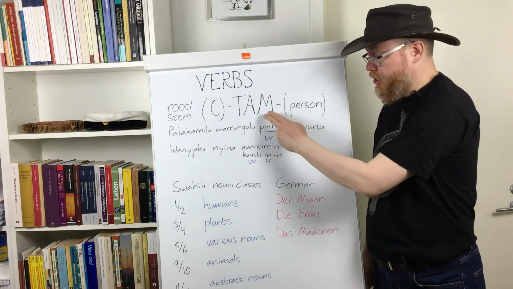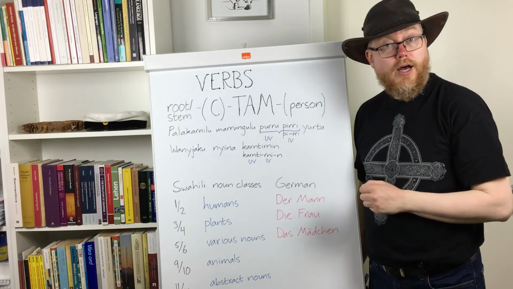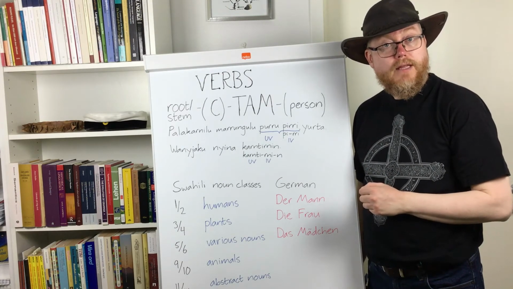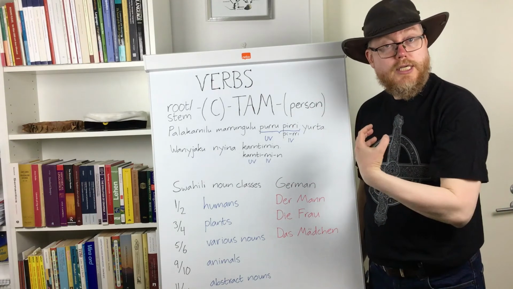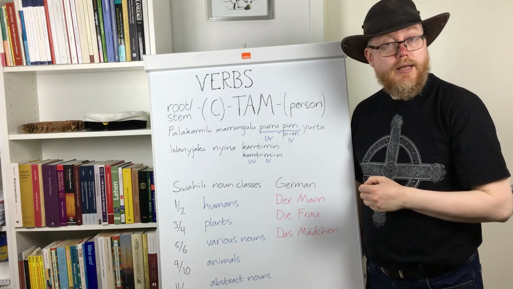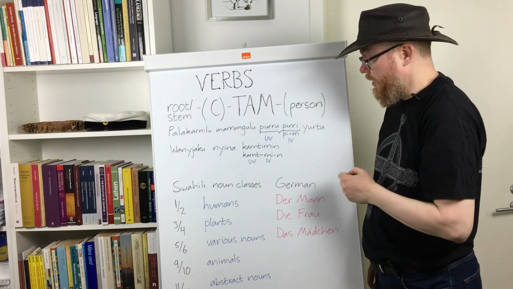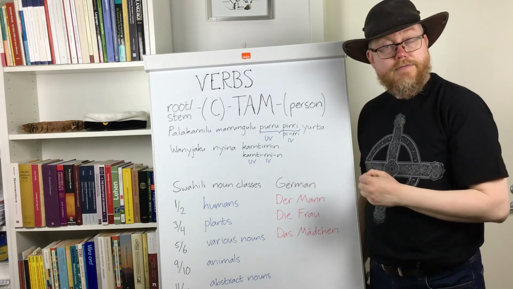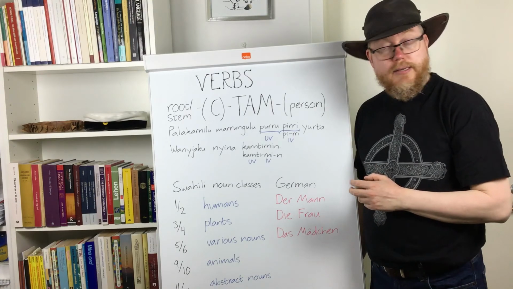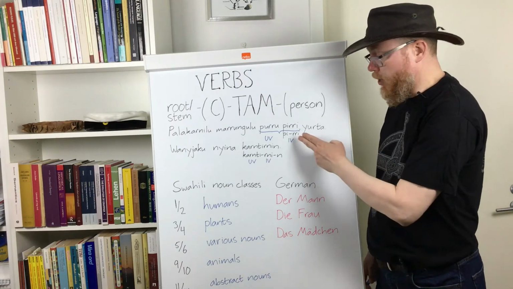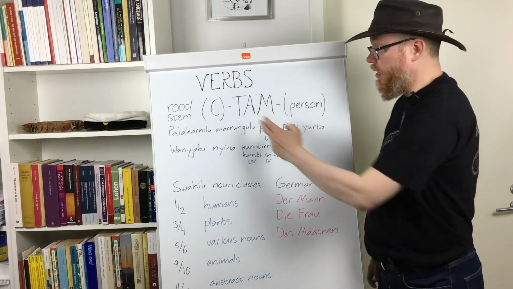This is a large and open class of words in Pama-Nyungan languages, which means that new words can come in. The inflecting verbs are called inflecting because they are the ones that take inflections.